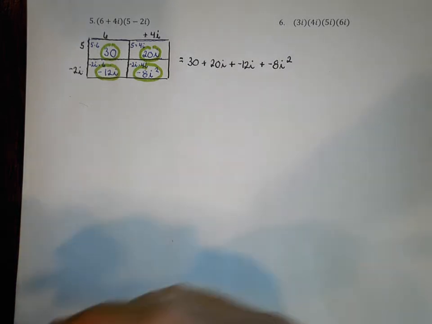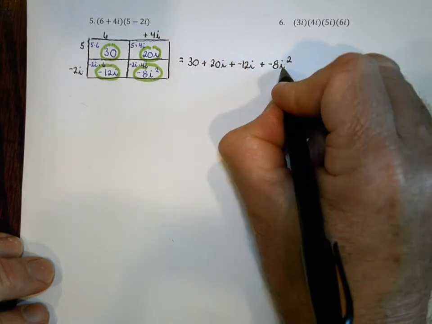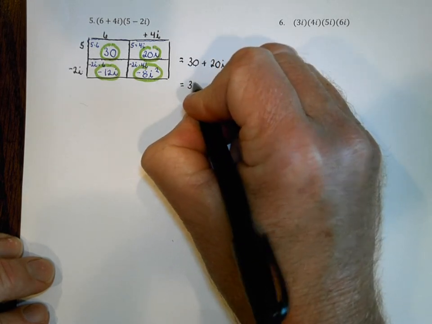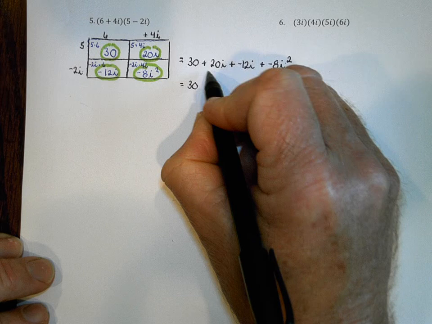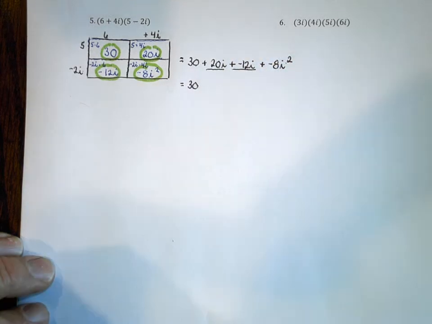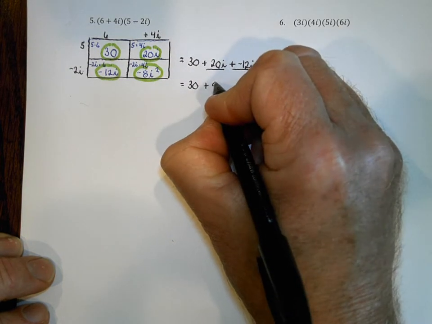Well, you can see right away that there's nothing to combine the 30 with because everything else has an i or an i squared in it. So I'm going to leave the 30 as 30. However, you should be able to see that I can combine the positive 20i with the minus 12i. So when I combine these, that gives me a positive 8i.